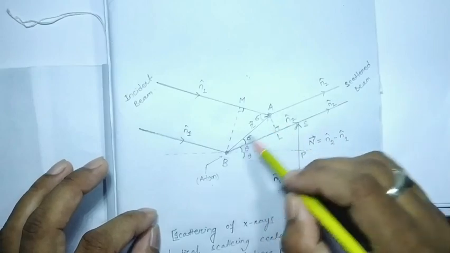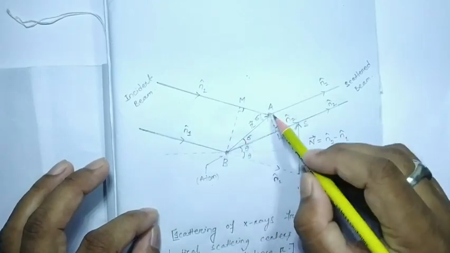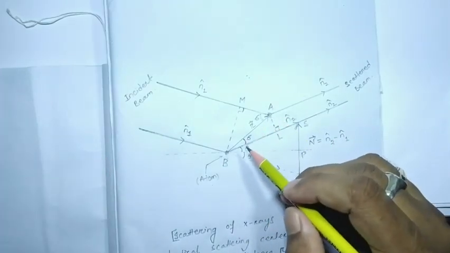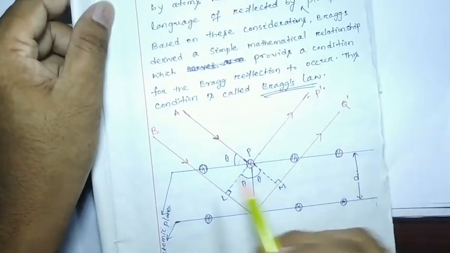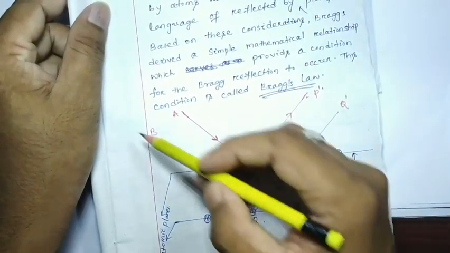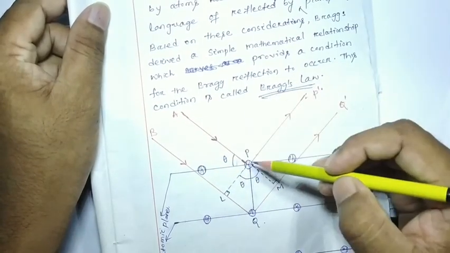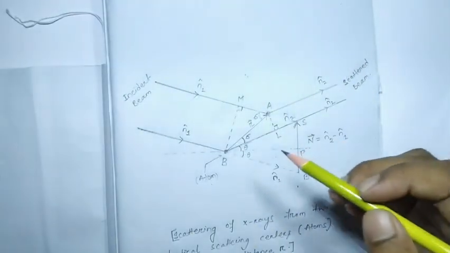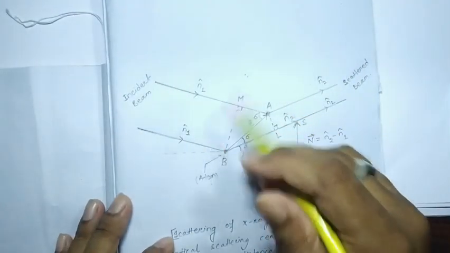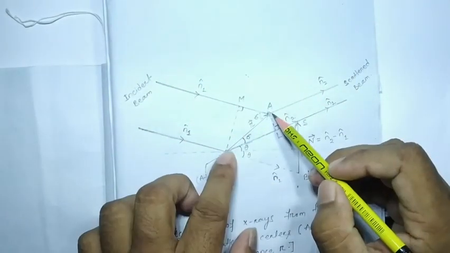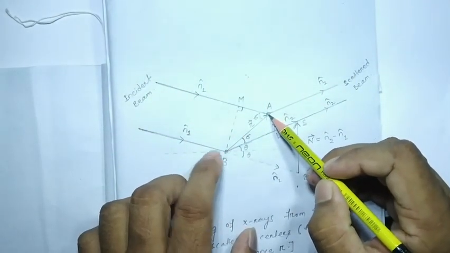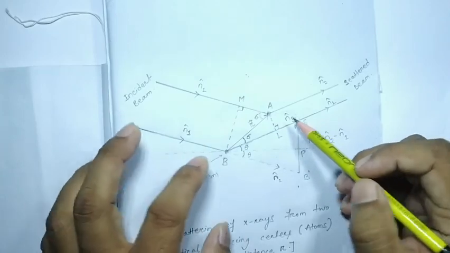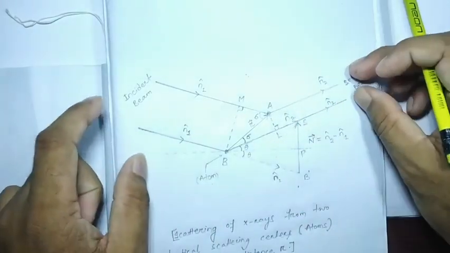Here A and B are considered as two individual atoms. Bragg considered the planes where the X-ray is incident and diffracted, but here Van Laue considered that the X-ray interacts with individual atoms. Let A and B be the two atoms when they diffract.